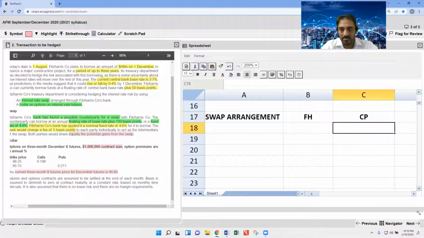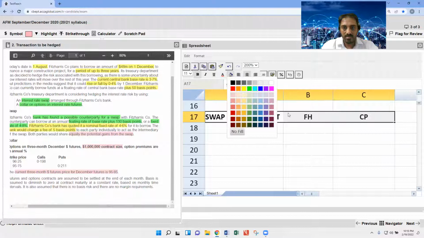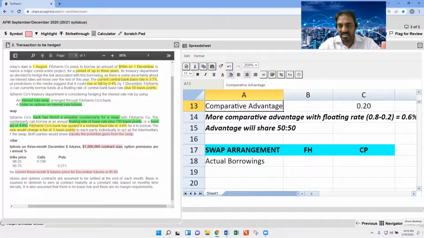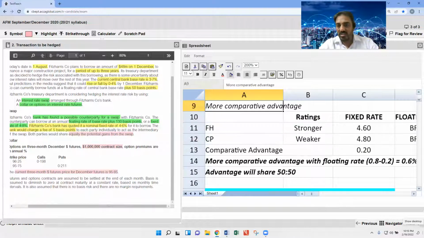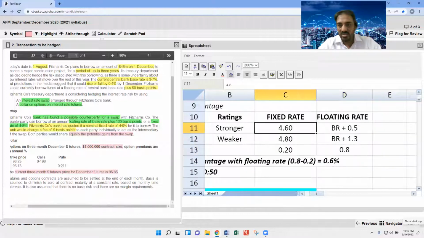Start the arrangement. The first thing is the actual borrowings. Always start the actual borrowings based on more comparative advantage. Fitz Harris will actually borrow the amount with the floating rate. And the floating rate is basis rate plus 0.5%.